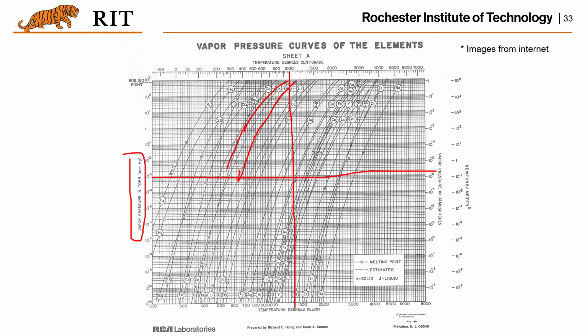You will have the two intersection points of the curves with this pressure, and you can look up the temperature. This one is 300 C, and this one is around 400 C. But the melting temperature is 1000 C. So that's definitely a concern that these two elements could be vaporized before the alloy is even melted.